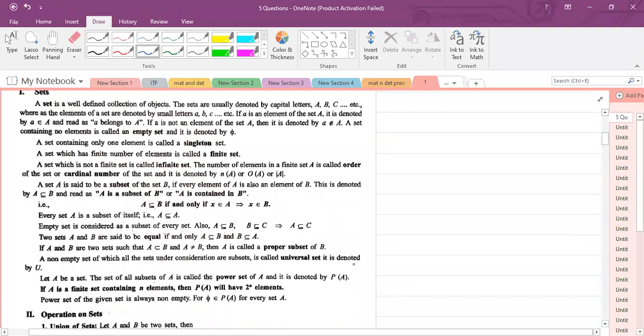Proper subset is a very important word. If A is a subset of B and A is not equal to B, then we call it a proper subset.